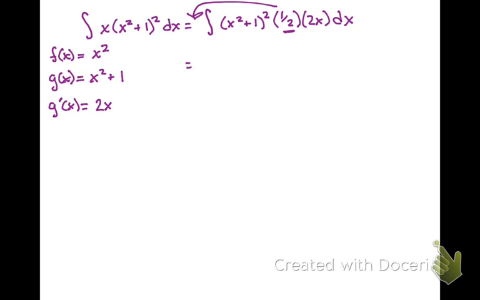So then I have 1/2, and I'm going to put brackets just to clearly separate it. So I need the antiderivative of what? That's 1/3 (x squared plus 1) cubed.